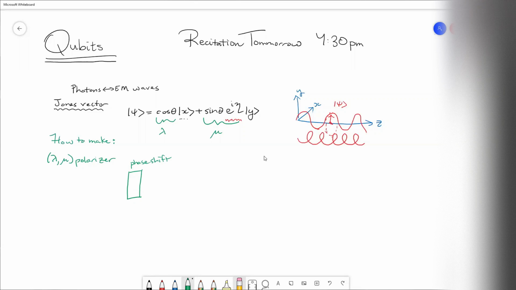So it's typically a crystal and it has some kind of orientation inside of it, some crystalline material, and when the light goes through it, if it goes in at a certain polarization, it goes through in a different way relative to the perpendicular polarization.